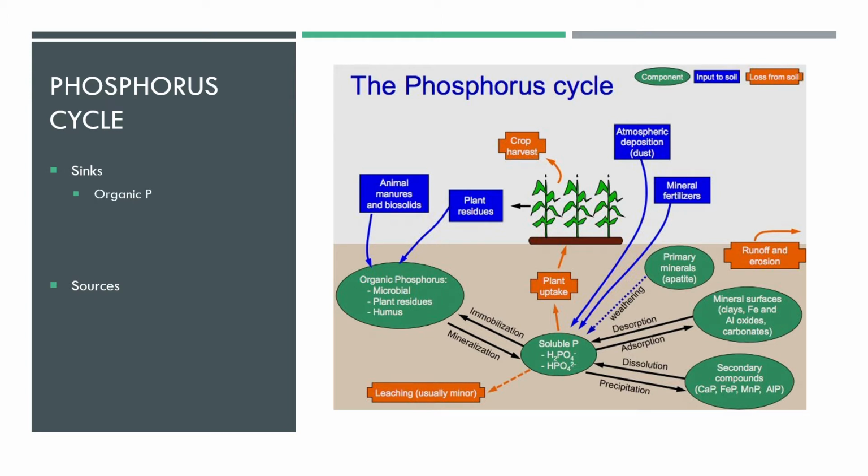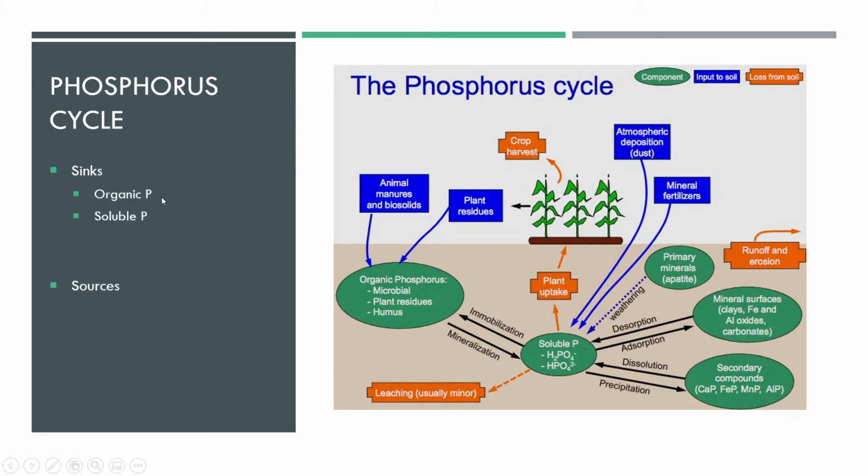First is the organic phosphorus, organic P. It can be labeled in a couple different ways: the microbial content of the soil, the plant residues within the soil, or the humus, which is like the dead leaves and dead plants, dead organic matter on or within the soil. Humus is good stuff for your garden if you are interested in that.